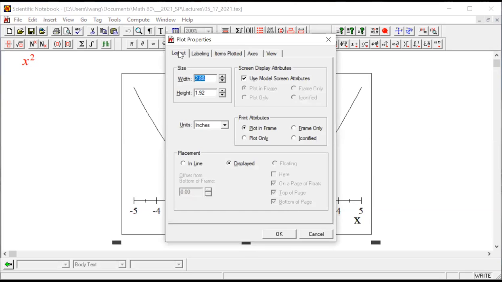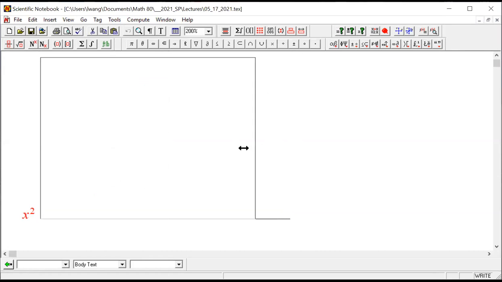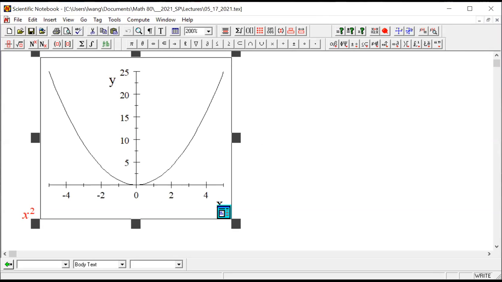If we draw a horizontal line, it crosses at two places. And therefore, it doesn't have an inverse. Got it?